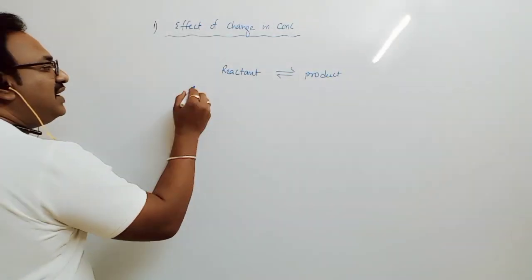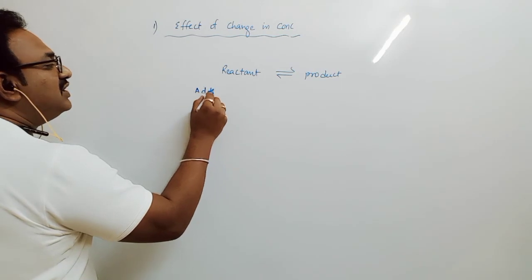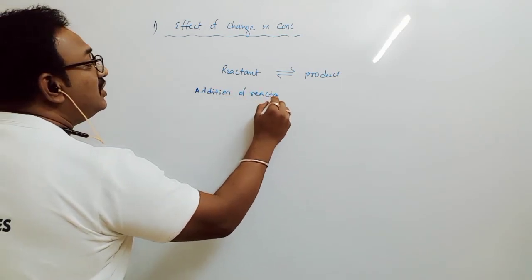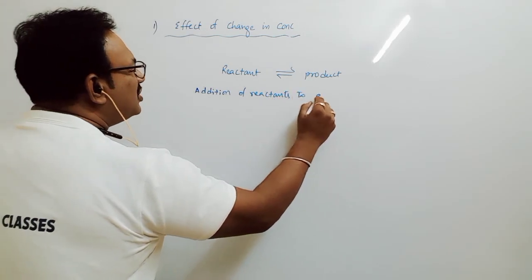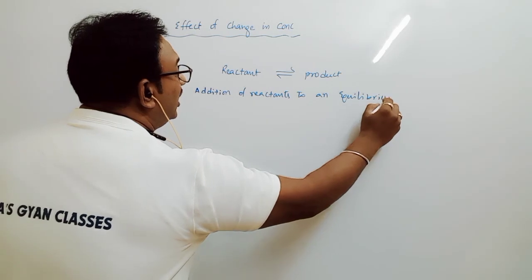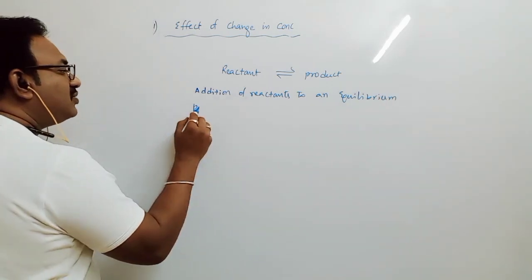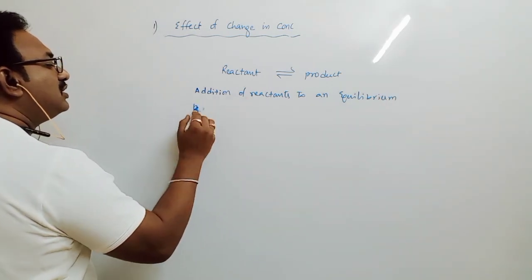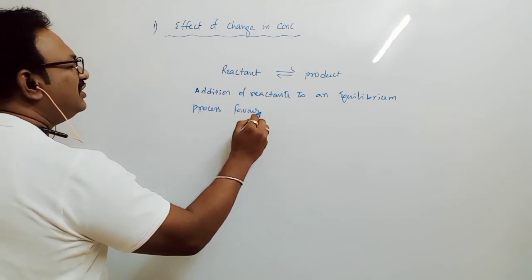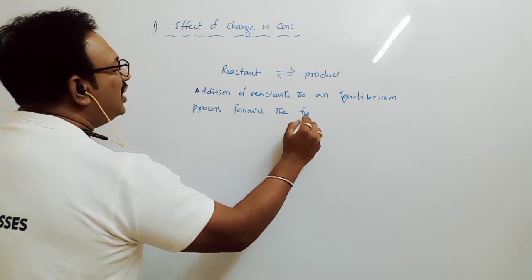So I am writing point wise. First point, addition of reactants to an equilibrium process. Addition of reactant to an equilibrium process favors the forward reaction.